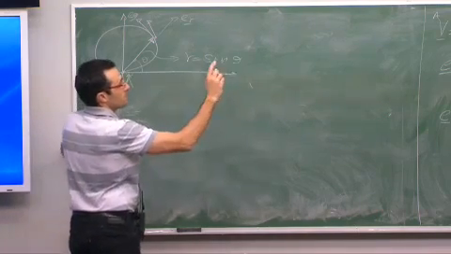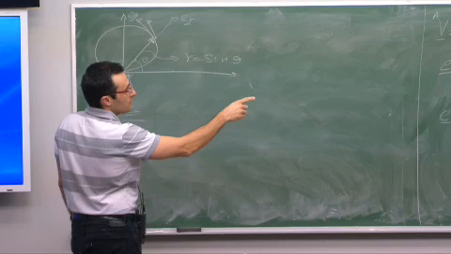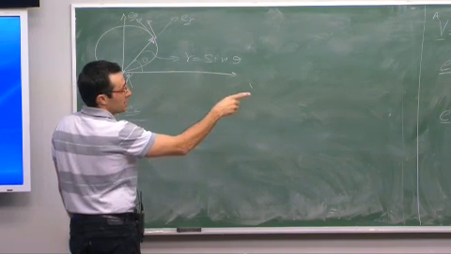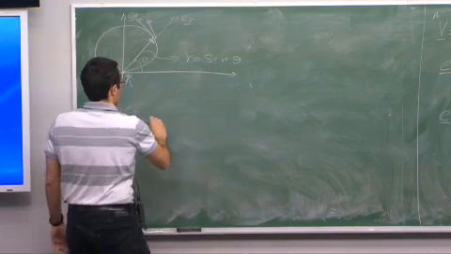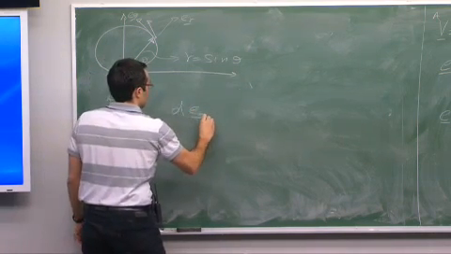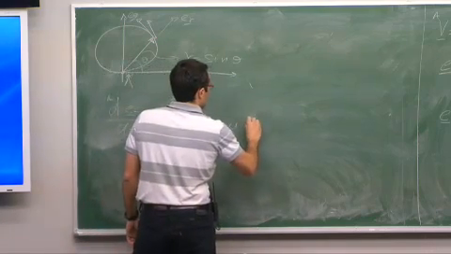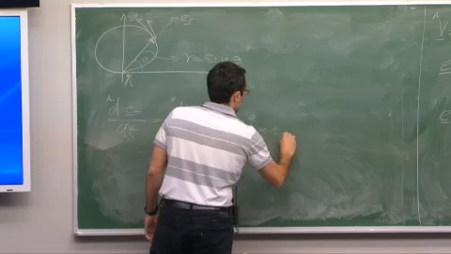Now ET is expressed in a coordinate system fixed in a reference frame which is not A, it's B, right? So I can do the transport theorem on this as well. Why not? d dt in B plus omega B A cross with ET.